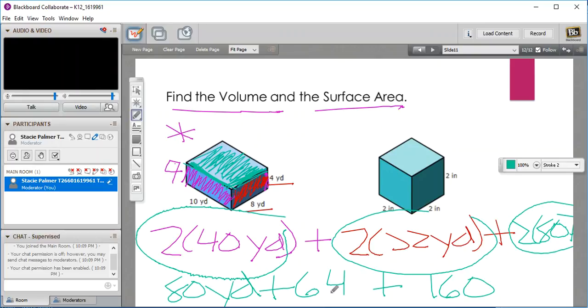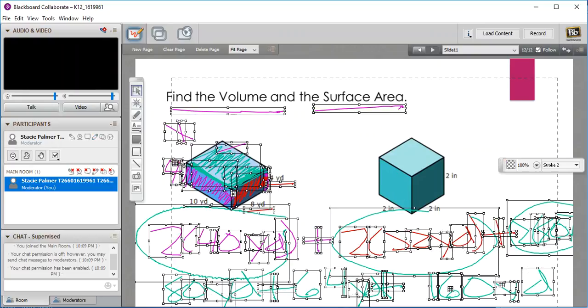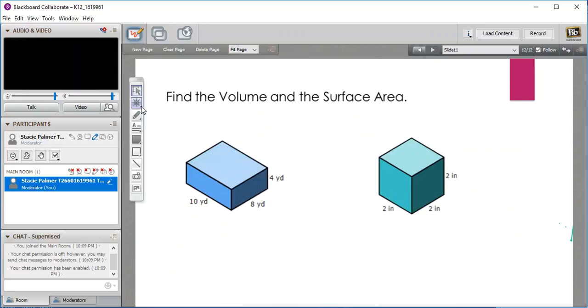These are all yards, so because they're all yards, now we just combine them. 80 plus 64 plus 160, and I'm just plugging this into a calculator, is 304 yards. So 304 yards is our surface area.